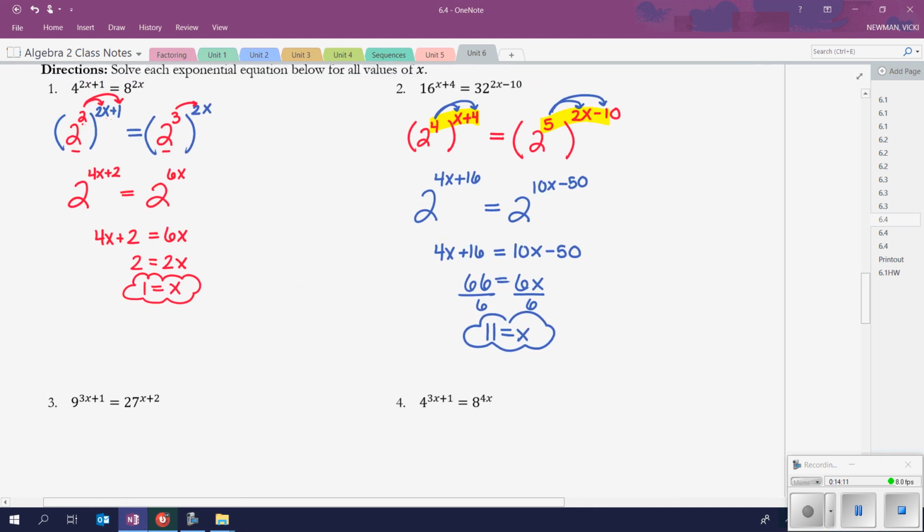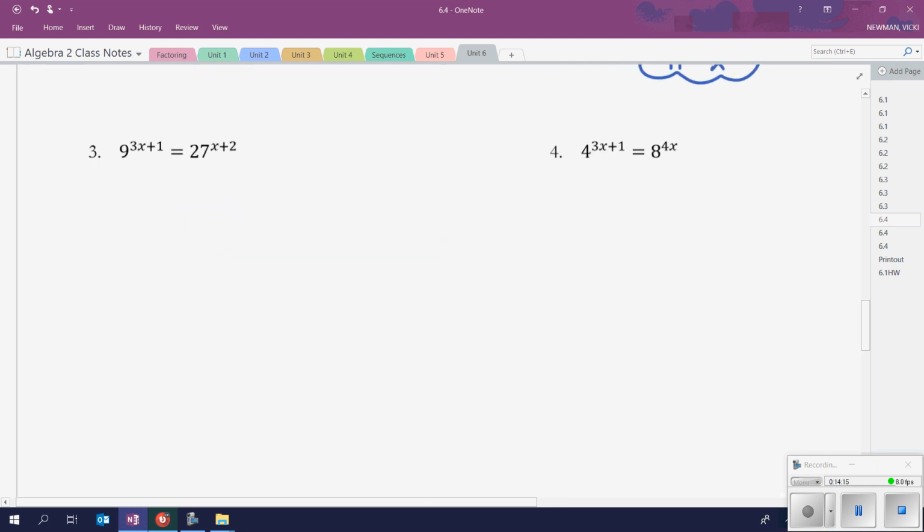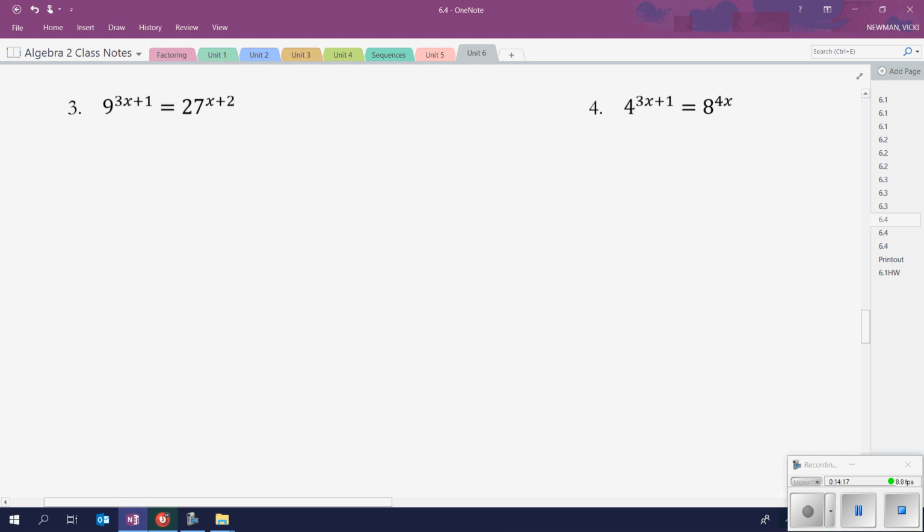All right. Make this one more interesting. Number 3. 27 and 9. Oh, well, 9 times 3 is 27. That's not what we care about. We care that 9 is equal to 3 squared, and that 27 is equal to 3 cubed. That's what we care about.